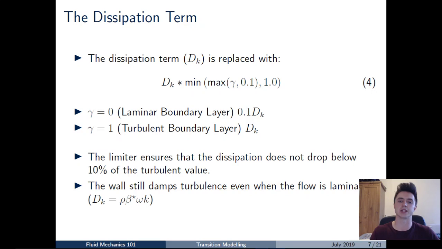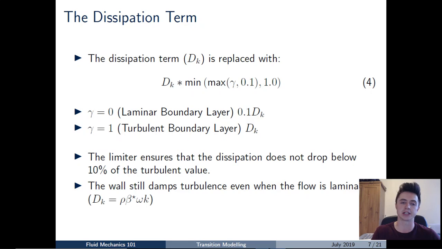Then the dissipation rate term should be the same as it would be in the K omega SST model. But when gamma takes a value of 0, so in that laminar region at the start of the leading edge, then Dk is going to be limited to a value of 10% of its fully turbulent value.